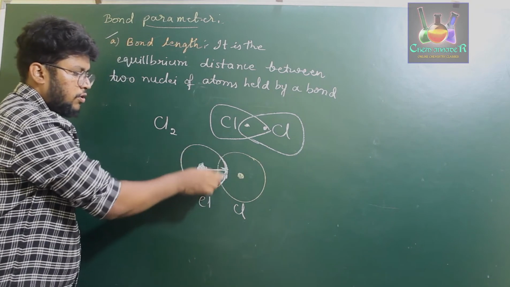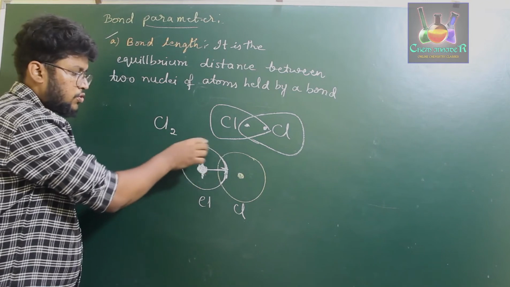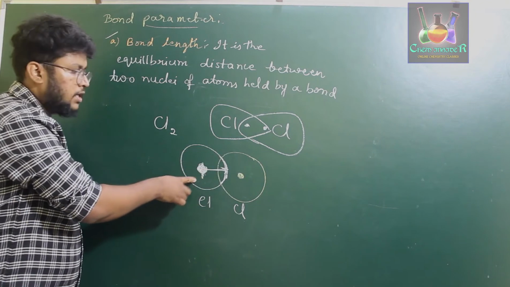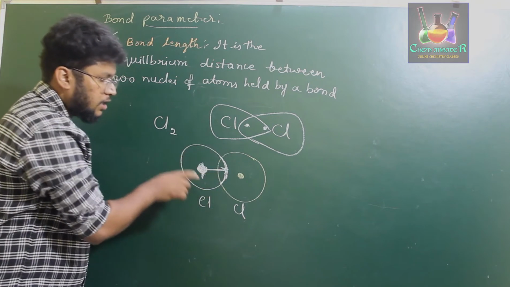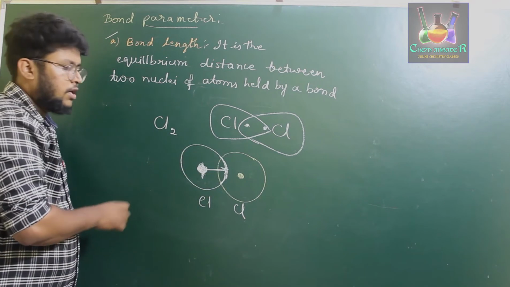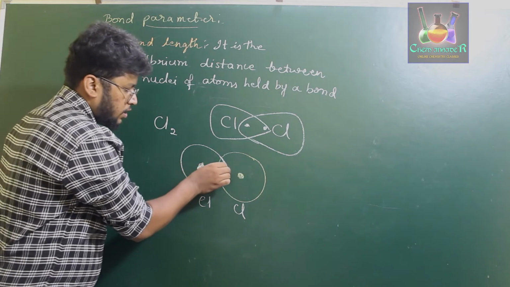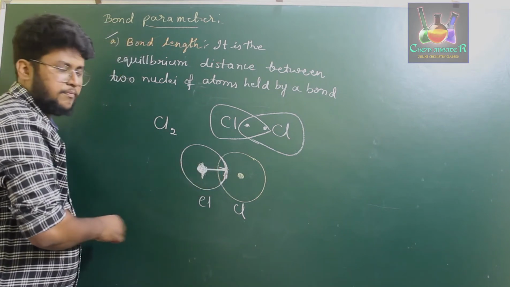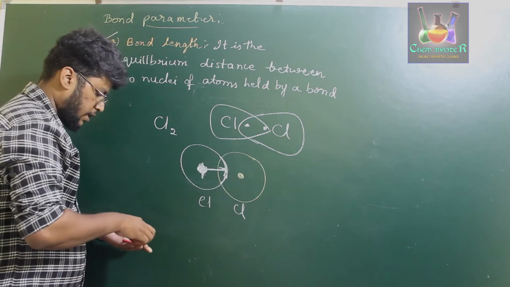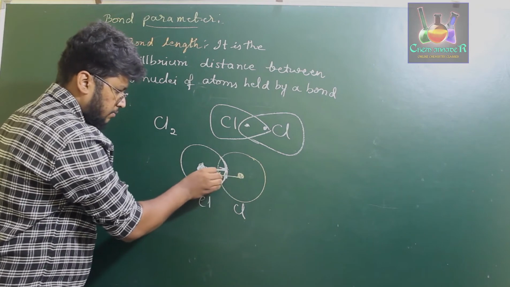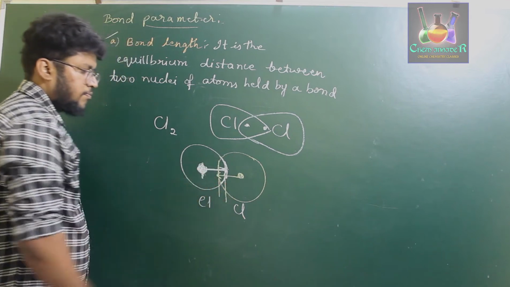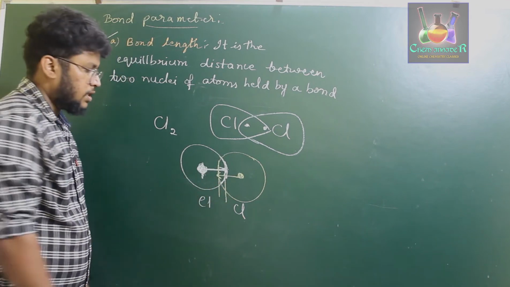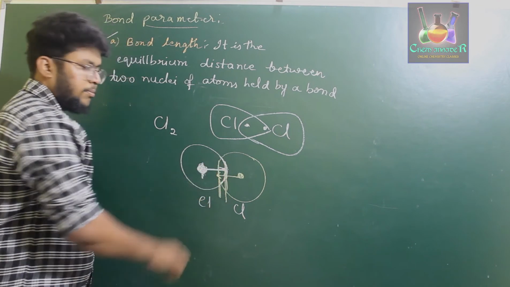That means the outermost valence shell of this chlorine atom is influenced by the adjacent chlorine atom and it is inside the valence shell of the other chlorine atom. Therefore, this nucleus has its covalent radius over there and this chlorine atom has influence till here, right? So this particular distance has to be removed. This particular distance has to be removed.